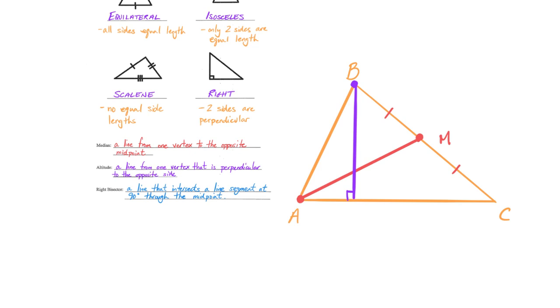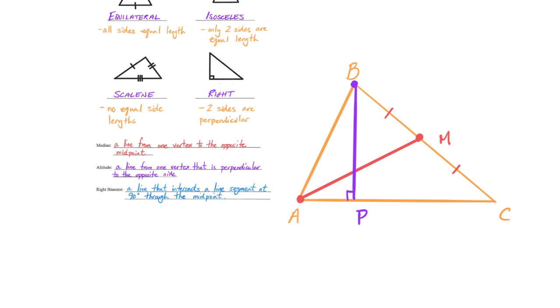And maybe I just call that point, I don't know, point P. Then that purple line you see is an altitude. It's a line from one vertex to the opposite side, and you hit at a right angle. Okay, there we go, nice. I hope that on our diagram we can now tell the difference between a median and an altitude.